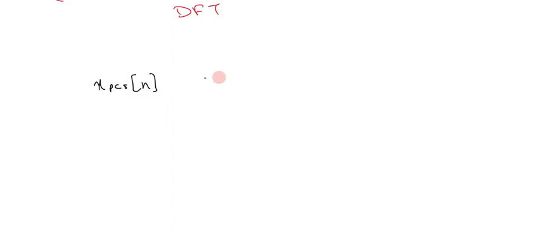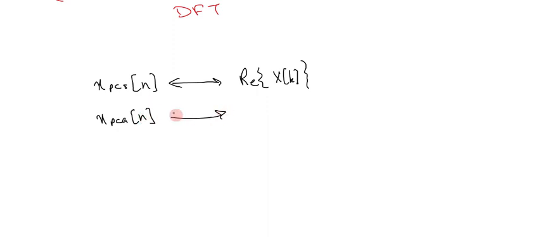If you have a periodic conjugate symmetric part of x of n, its discrete Fourier transform will be the real part of x of k, and the discrete Fourier transform of the periodic conjugate antisymmetric part of x of n will be the imaginary part of x of k.